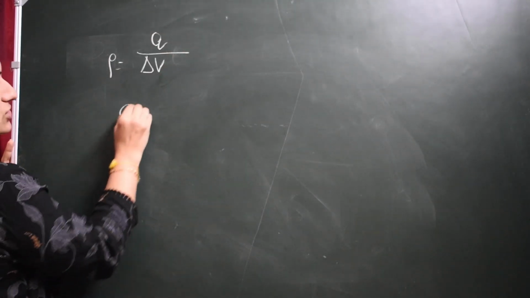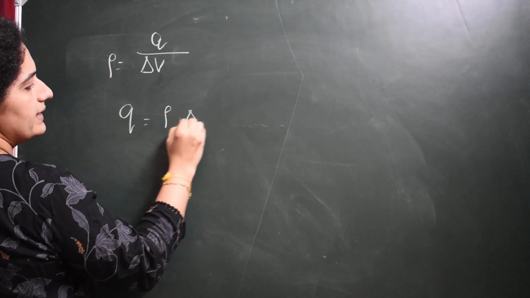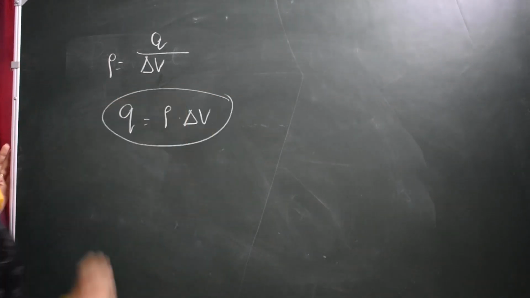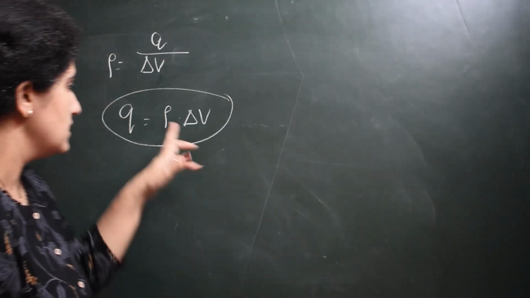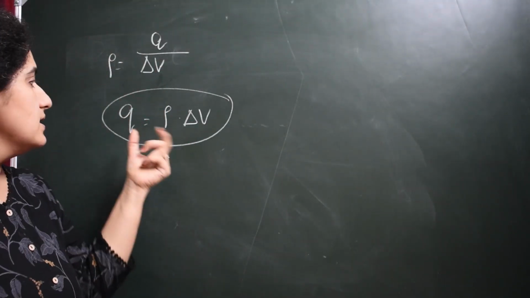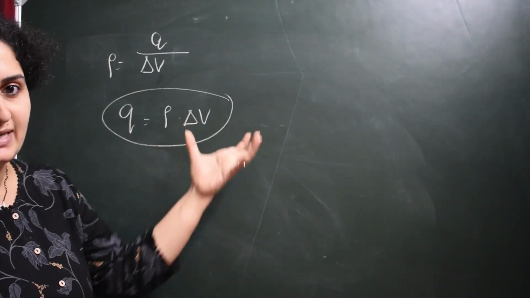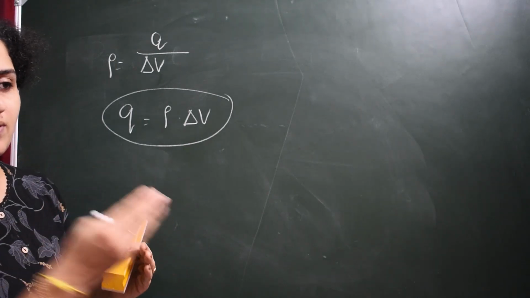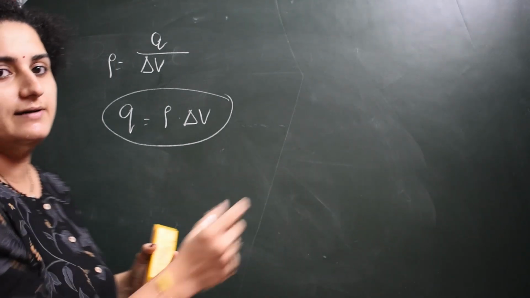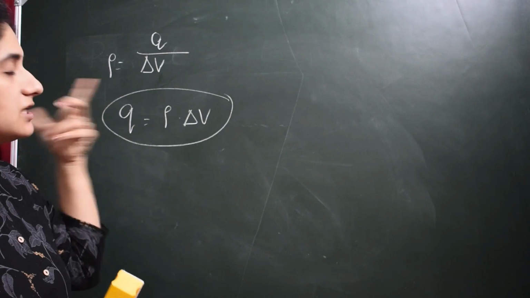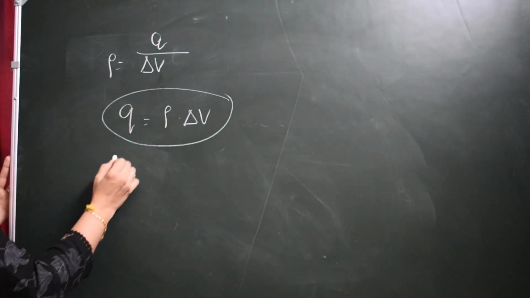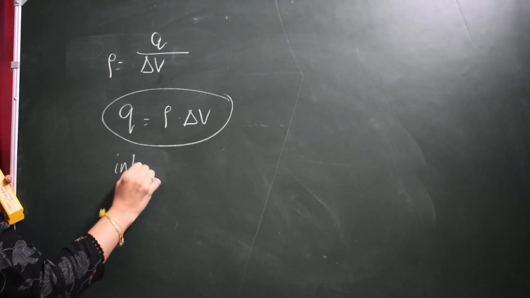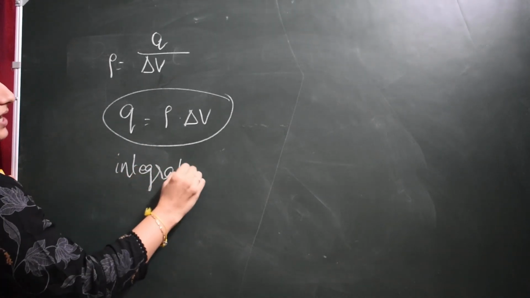So now what is the charge? Rho into delta V, correct? Sigma will be the surface charge density, rho is volume charge density. So Q is equal to rho into delta V. So that system you have to divide into smaller volumes, then consider the total charge in that particular volume, and actually we have to integrate it because we consider the continuous charge distribution.